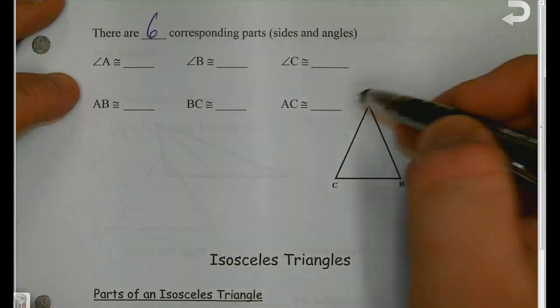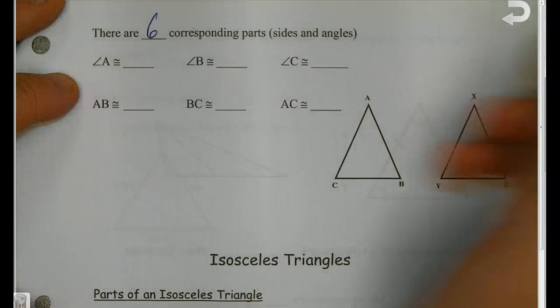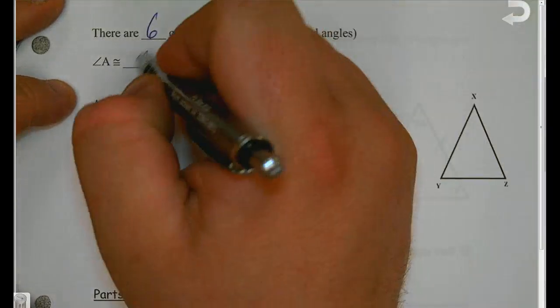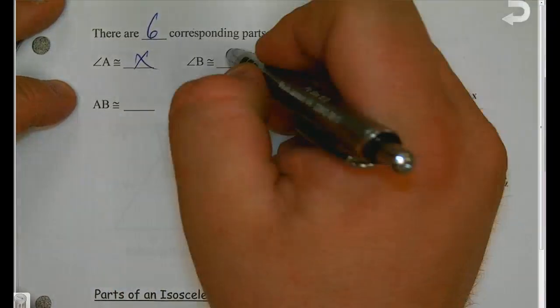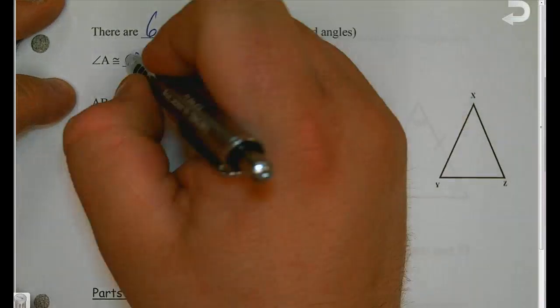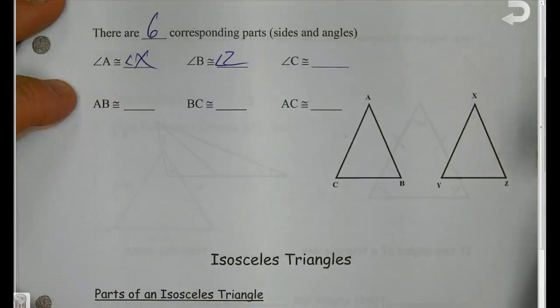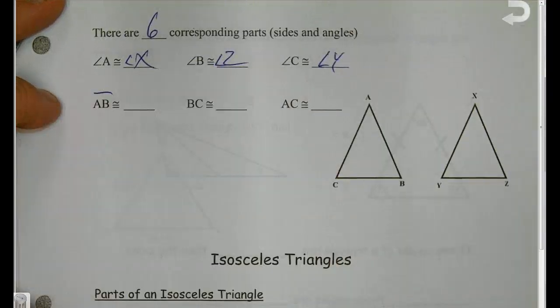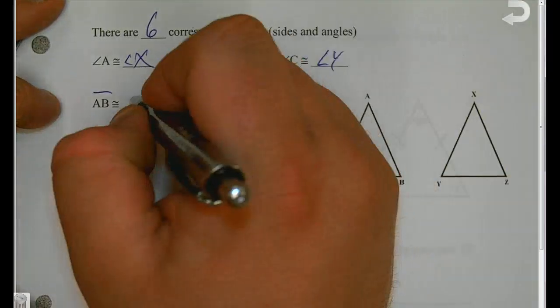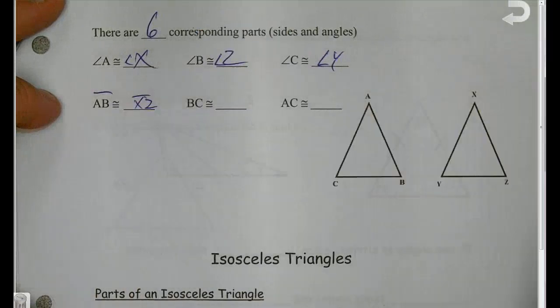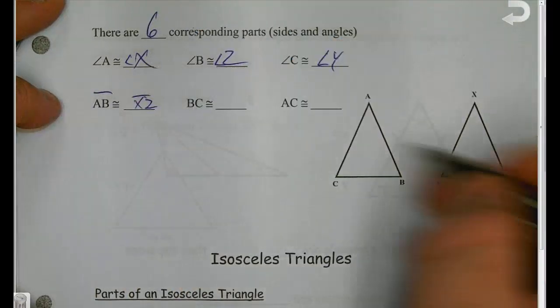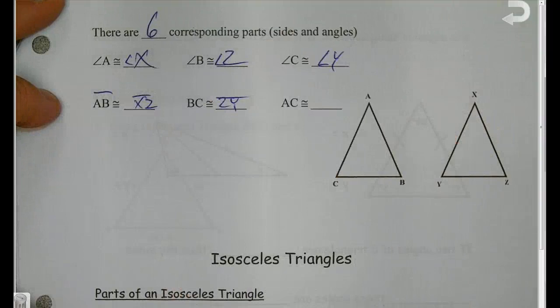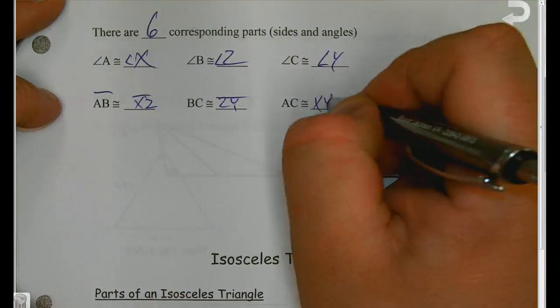Angle A is congruent to angle X. Angle B is congruent to angle Z. Angle C is congruent to angle Y. Line segment AB is congruent to XZ, BC to ZY, and AC to XY.